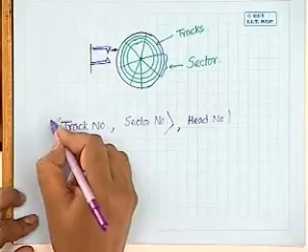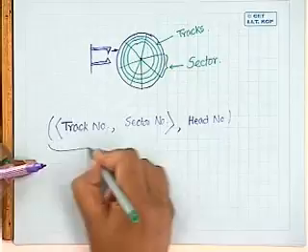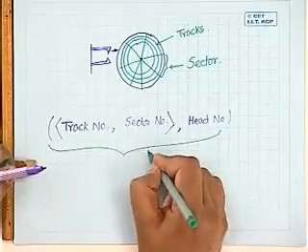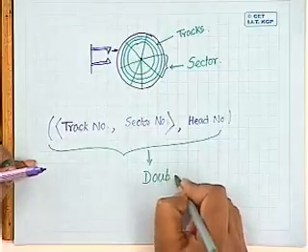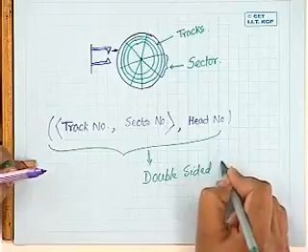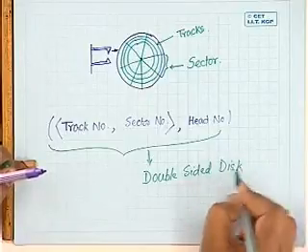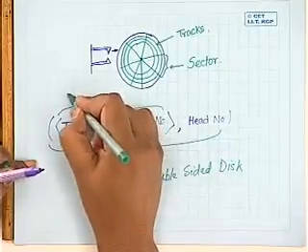So this entire address in the form of a triplet is valid for a double-sided disk, whereas for a single-sided disk, only track number and sector number is sufficient.